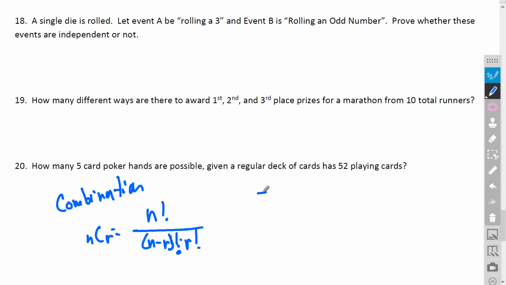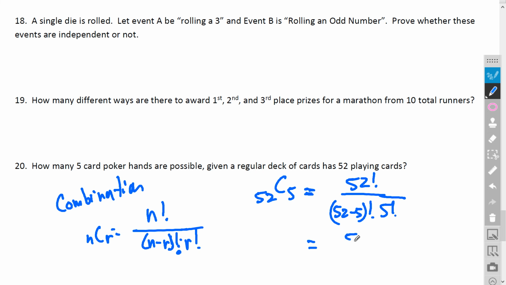We have 52 cards. We want to choose 5 of them. So this is 52 factorial over 52 minus 5 factorial times 5 factorial. Okay, so 52 factorial over 47 factorial times 5 factorial.